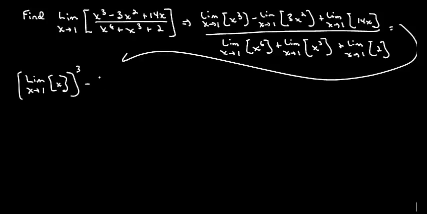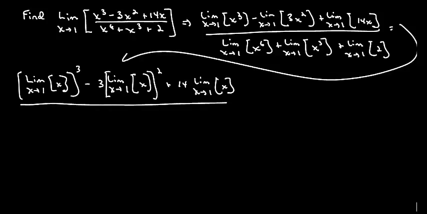Minus 3 times the limit as x approaches 1 of x, squared, plus 14 times the limit as x approaches 1 of just x. And then that's over the limit as x approaches 1 of x to the sixth. I'm going to have 6 of these when I expand that out.